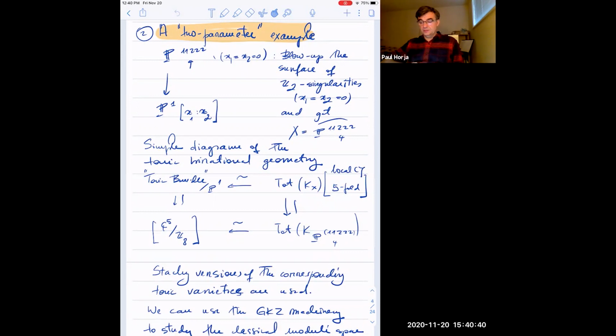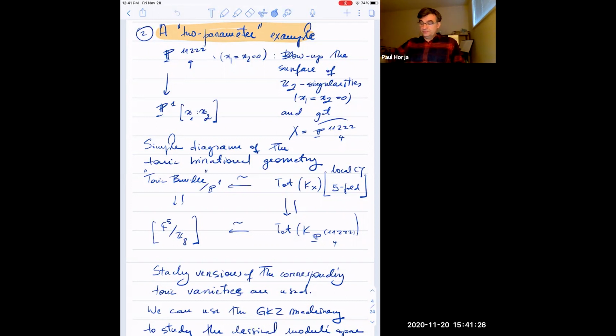Basically, you take this weighted projective space, which has a surface of Z2 singularities, blow up the singularities, and get something which is called X. If you write down really explicitly the combinatorics, at least from the toric point of view, you have four equivalent resolutions in this world, or the physicists would call them phases.